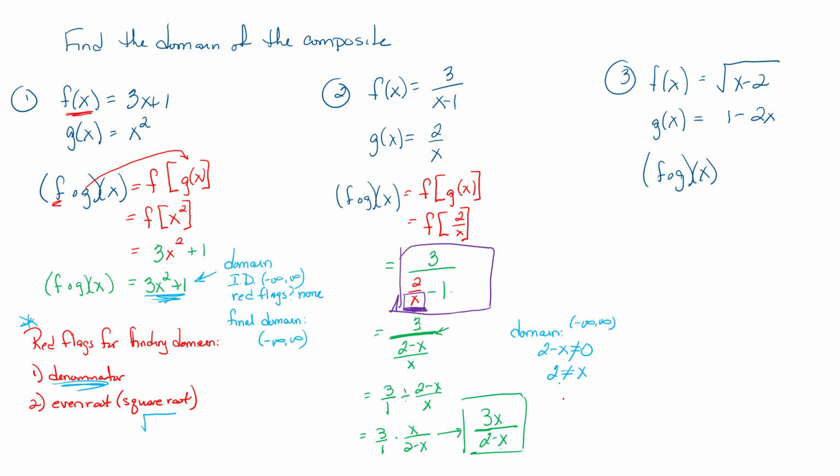So not only am I kicking out the 2, but I'm also going to kick out the 0. Because if I plug in 0 right here, in this very first step in purple, then this 2 over x fraction blows up. And now I'm in trouble. So, my domain can be any number it wants, except for 0 and 2. Those are the only 2 numbers I'm kicking out. Cool? Does that make sense?